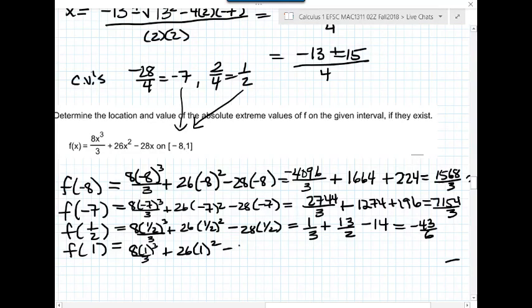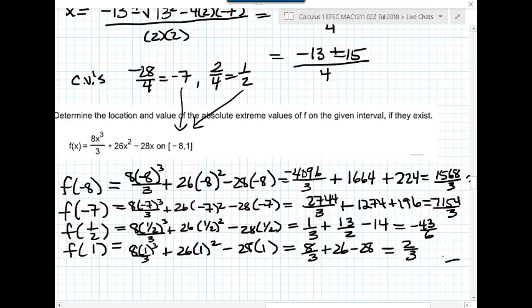Okay, and then f of 1/2. It's going to be 8 times 1/2 cubed over 3 plus 26 times 1/2 squared minus 28 times 1/2. That's going to be 1/2 cubed is 1/8 times 8 is 1, so that's going to just be 1/3.